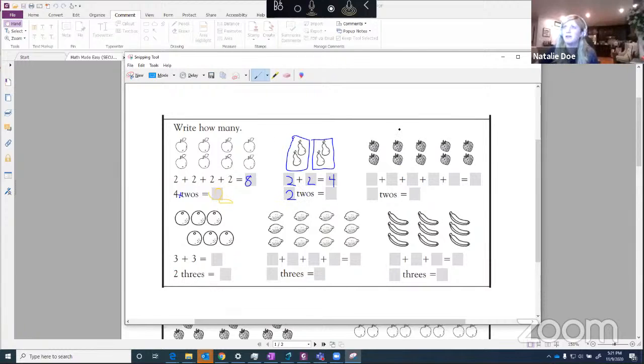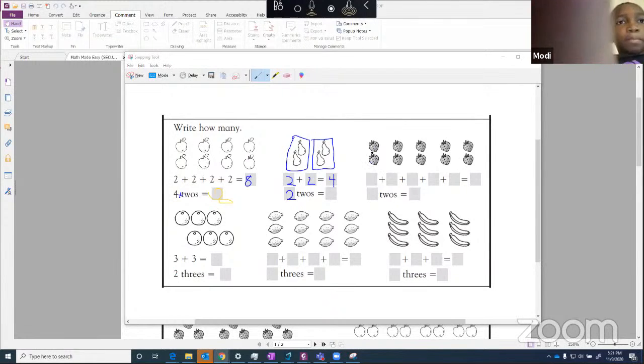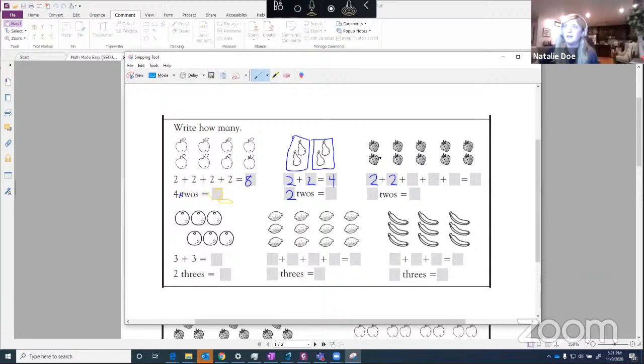So let's look at the strawberries. So how do we do this one? Well, we will add 2 plus 2. 2 plus 2 is 4. So we got to keep going, right?